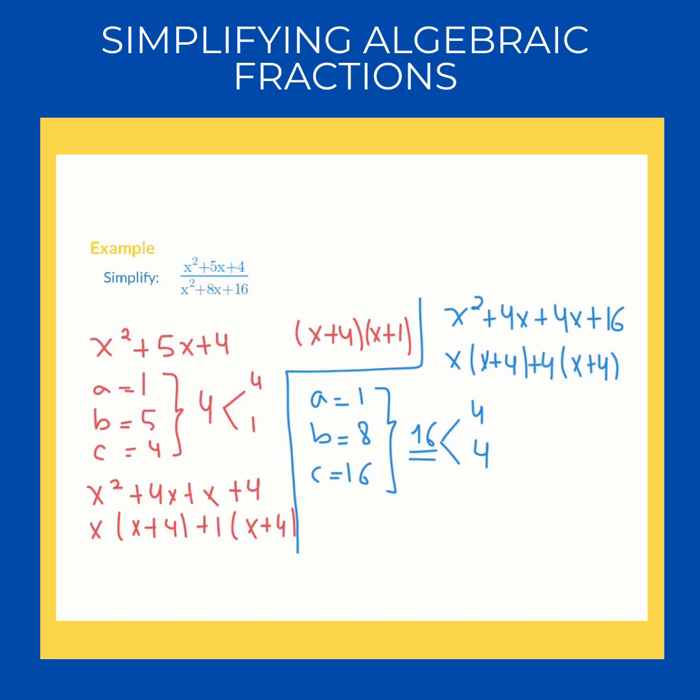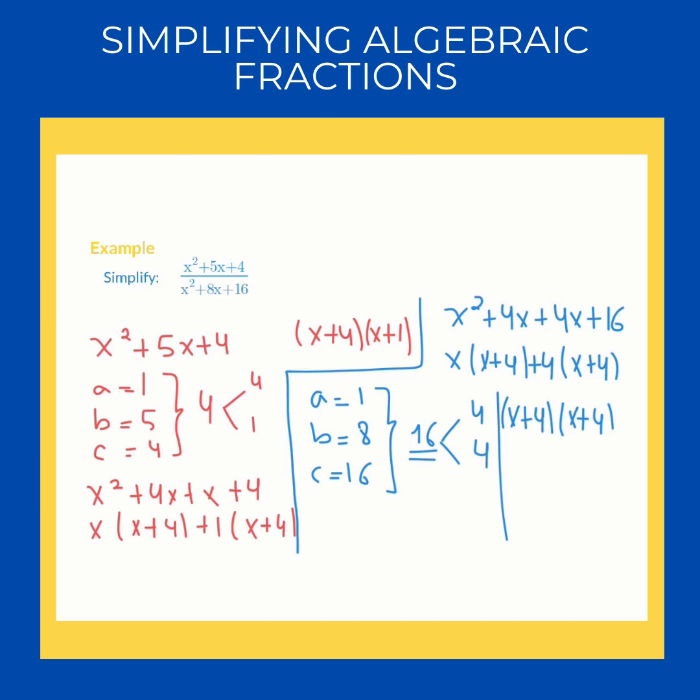Because plus 4 times x is 4x, and 4 times 4 is 16. So now I'm going to combine my answer as x plus 4 times x plus 4.